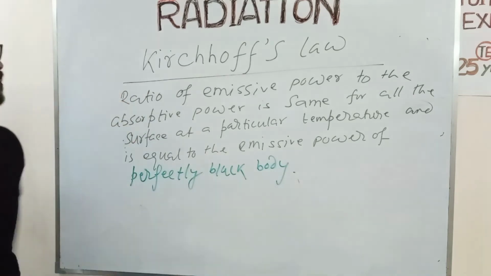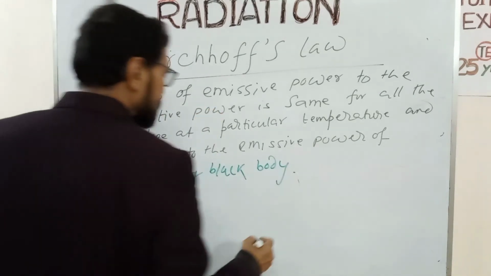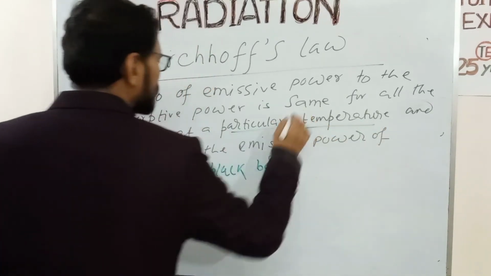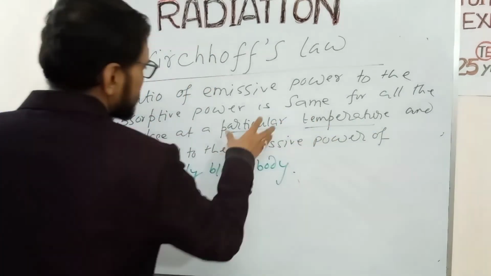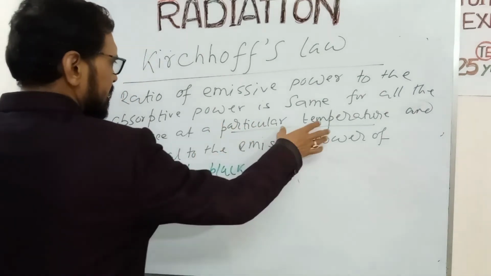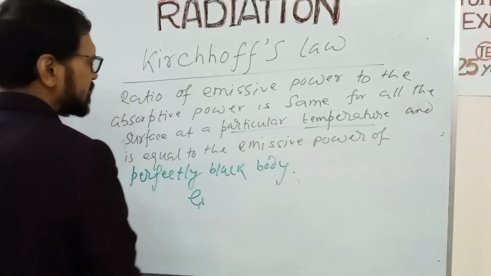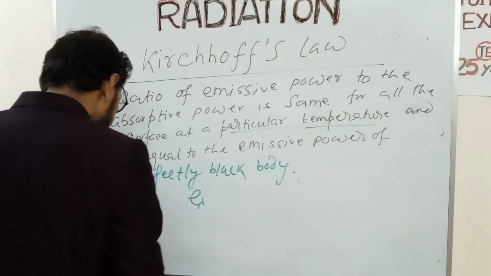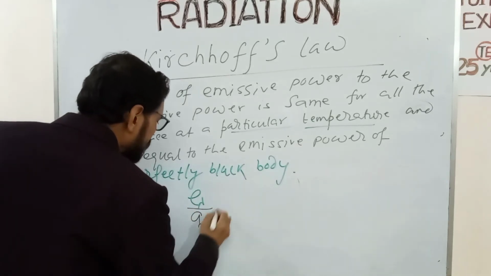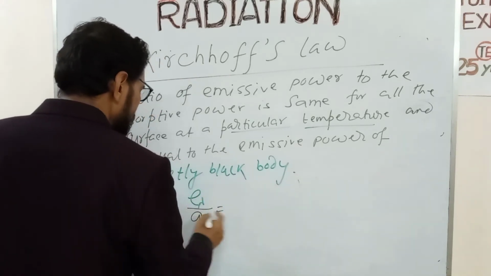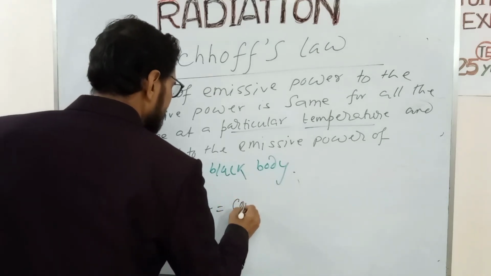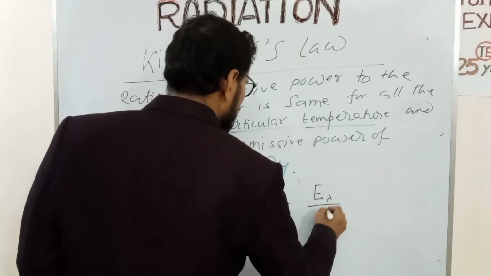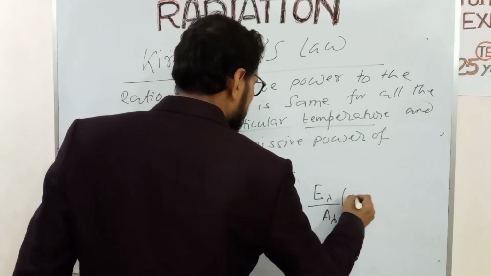This is called Kirchhoff's law. The ratio of emissive power, that is E lambda, for a particular temperature means a particular wavelength. So we can mention any temperature, or a particular wavelength. So the ratio E lambda by A lambda would be the same for all, it is constant, which is equal to E lambda by A lambda for the perfect black body.